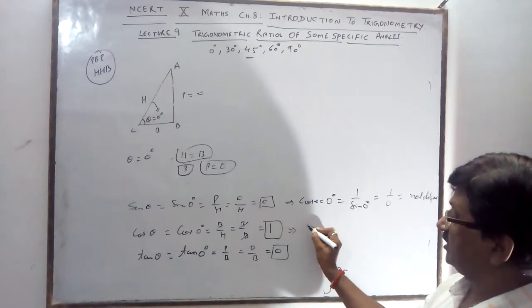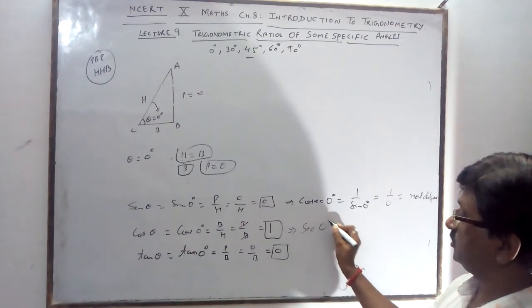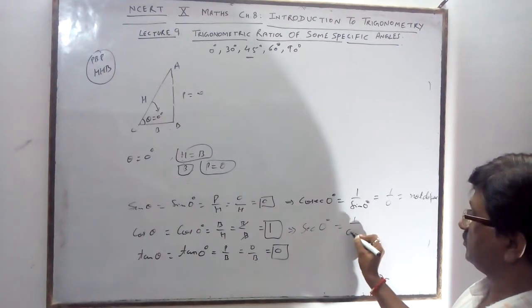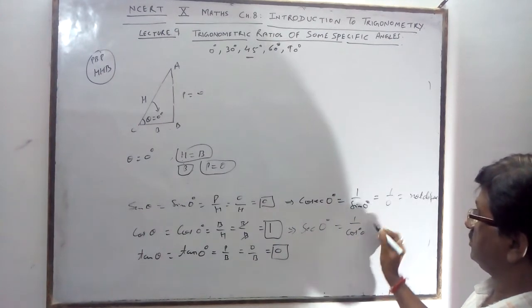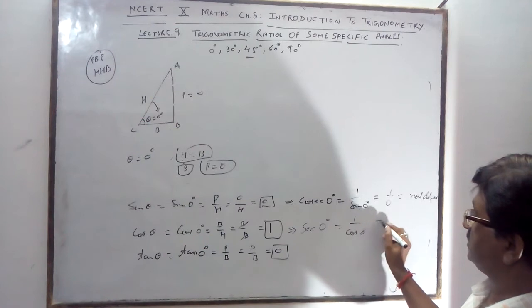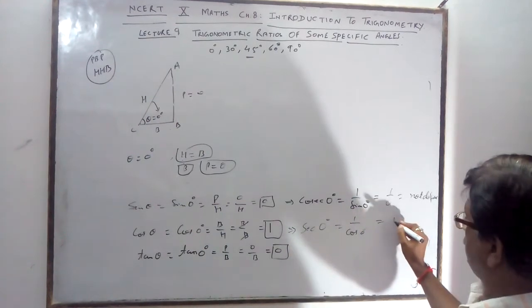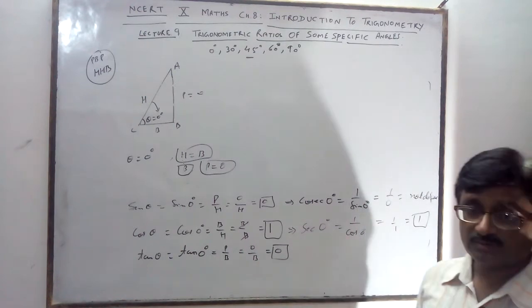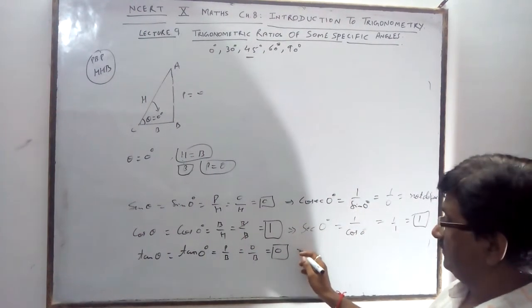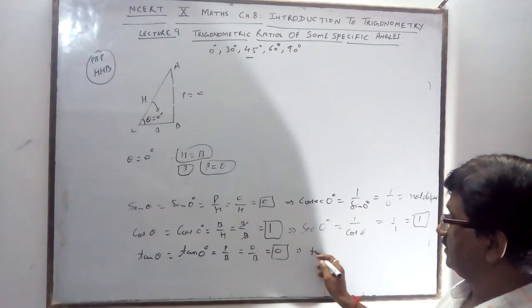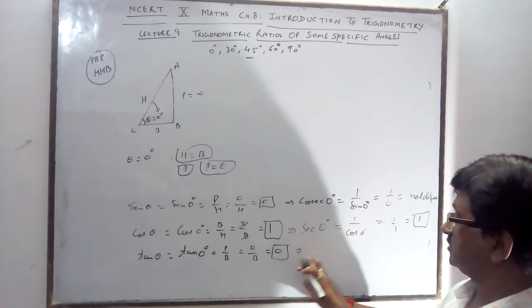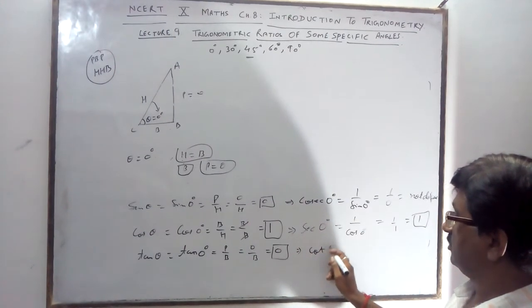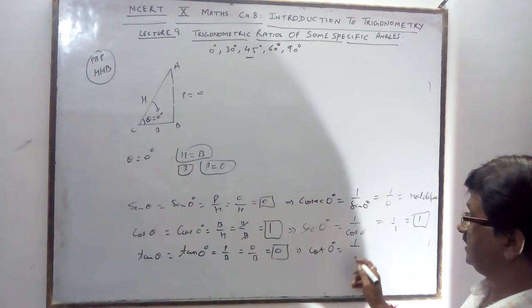Then you will get sec. Sec 0 degree is 1 upon cos 0 degree, and cos 0 degree is 1. So 1 by 1 is equal to 1. So sec 0 is 1. Then cot 0 degree is 1 by tan 0 degree.